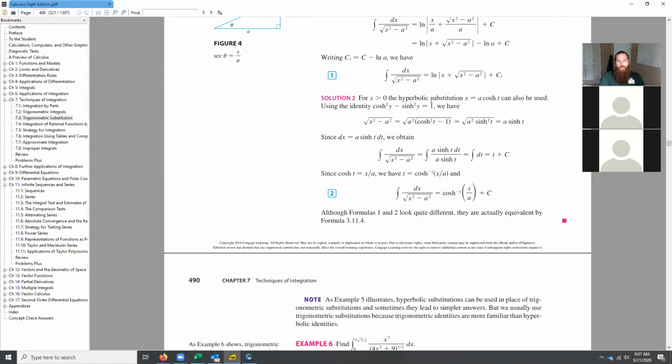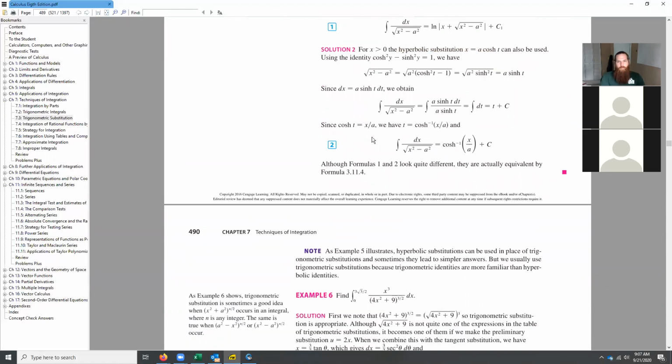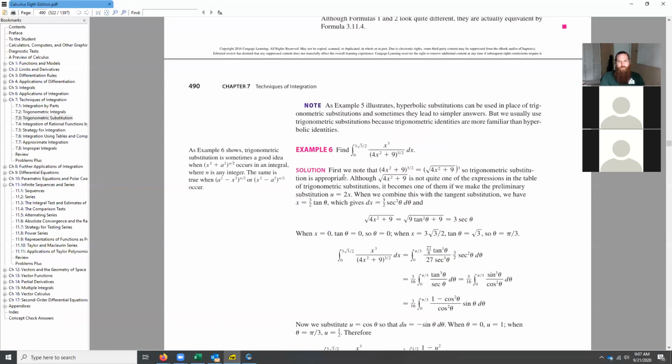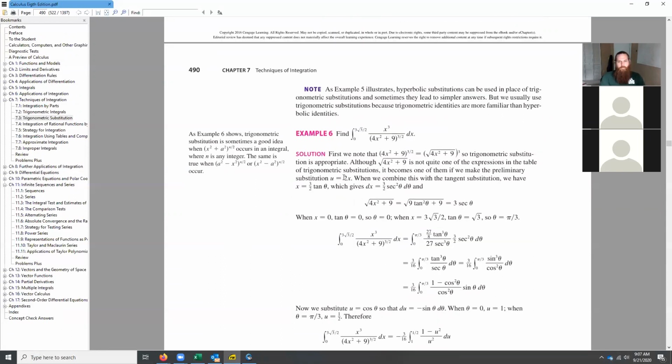We're not going to talk about hyperbolic substitutions. Hyperbolic trig is not an official part of this class. But example 6, this looks scary. Let's do this. So that's the integral from 0 to 3 square roots of 3 over 2.